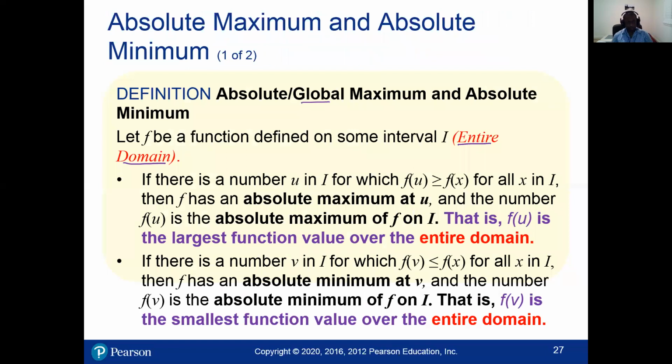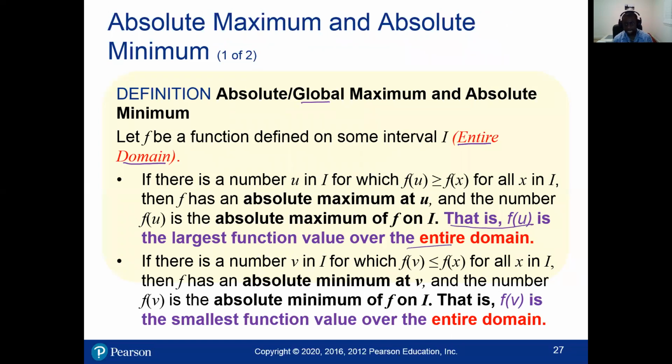So let's talk about the absolute maximum and the absolute minimum. It's over the entire domain, the function f defined over that entire domain. Now, I want you to pay attention to this part.